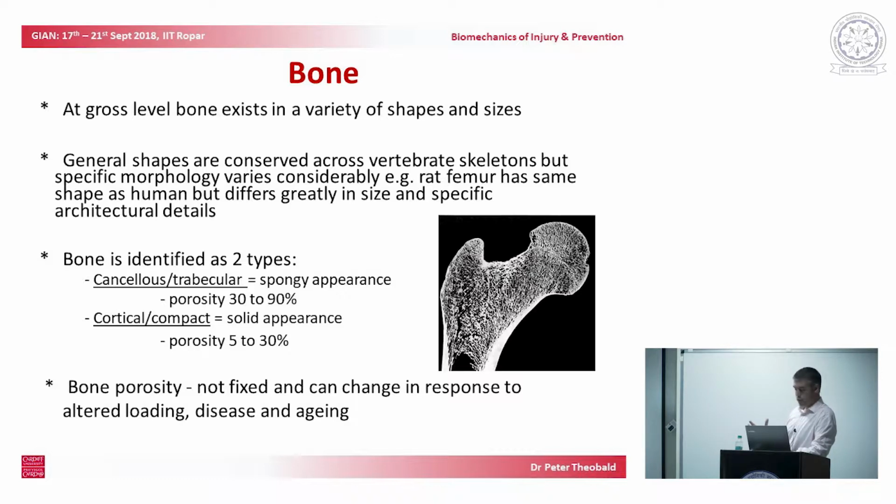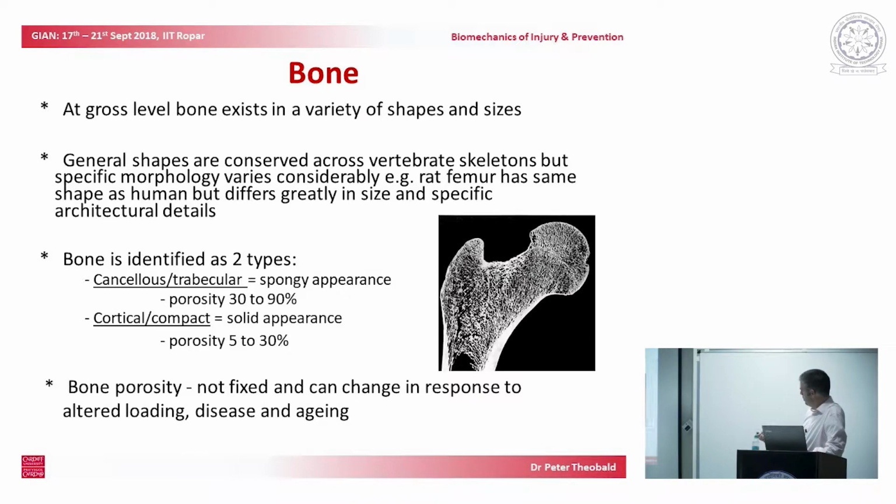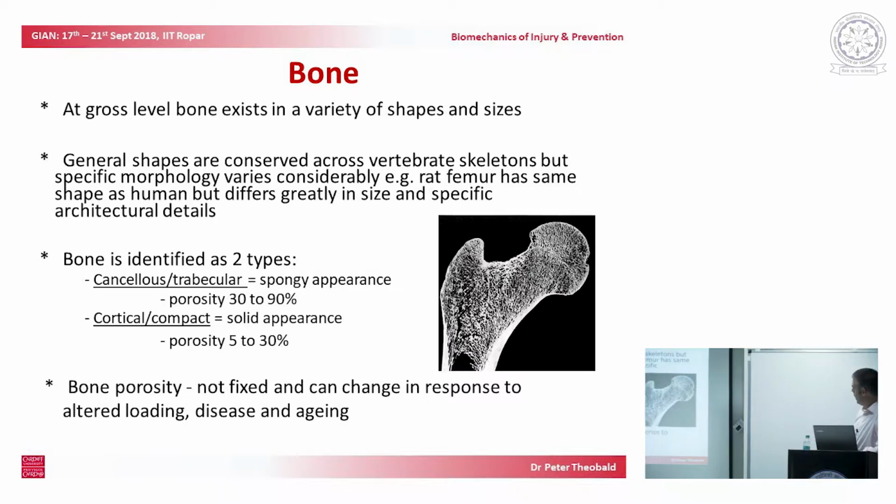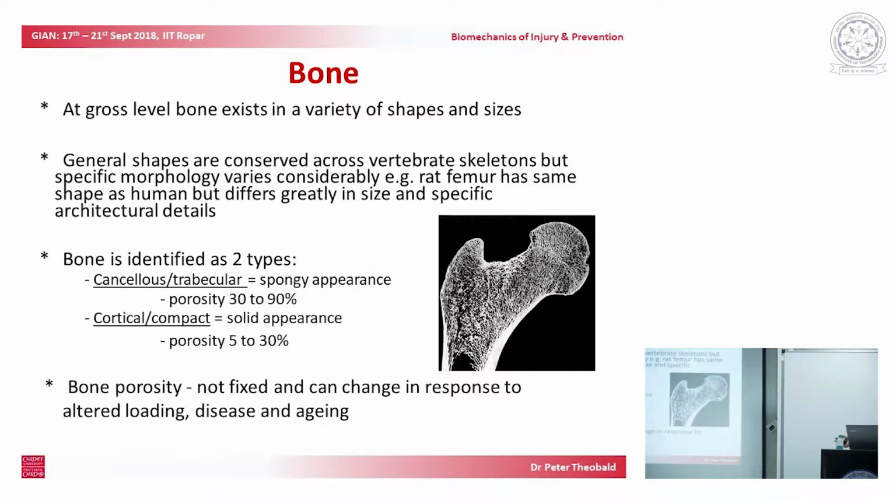Fundamentally, there are two different types of bone within the body. We have an image here of the cross-section through a hip bone. So this is a ball in 3D. This is called the femoral head. And this bone is typically surrounded by the pelvis and the cup in which it fits.